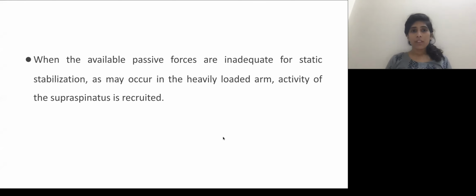so if these passive forces are inadequate for the static stabilization, as may occur in a heavily loaded person, here the activity of the supraspinatus and subscapularis muscles will come forward.